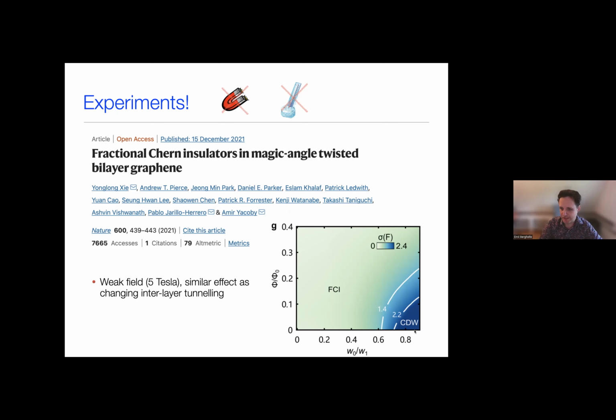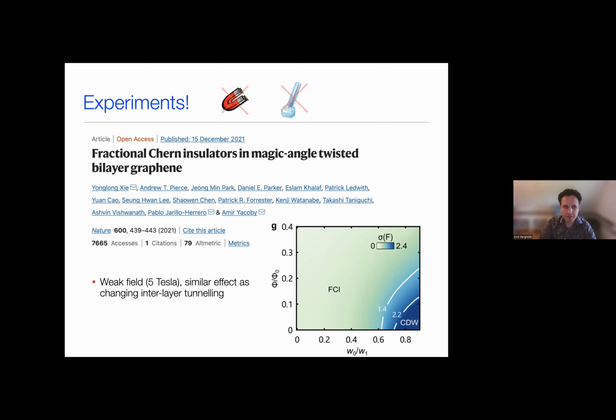And you can see that actually at the bare problem, we find there is a charge density wave. But if you change either of these parameters a bit, you can get into a big area of the phase diagram which hosts fractional Chern insulators.